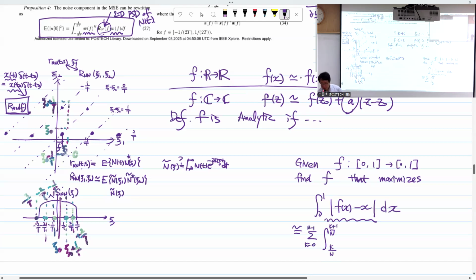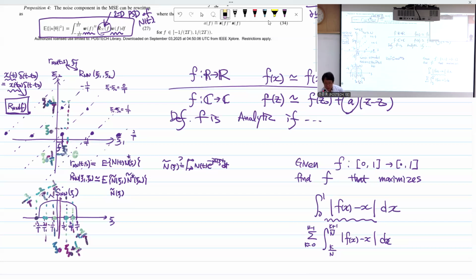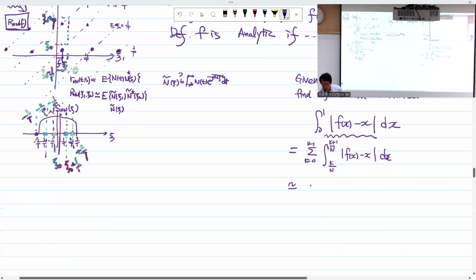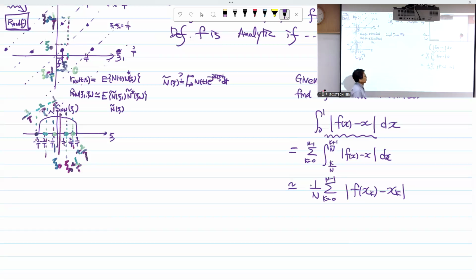And the integral of f(x) minus x dx so far is exactly equal. You just divide the interval into a finite number of pieces. And then you approximate it like 1 over n times the summation of f(x_k) minus x_k, where k ranges from 0 to n minus 1, right? Now it's approximately like this. And you want to maximize.